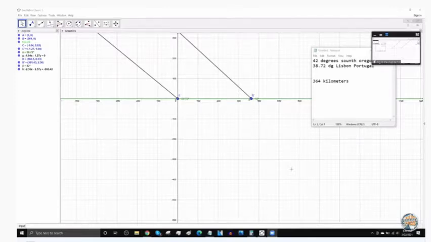Okay, so I was given two values from the live chat. I asked for people who own equatorial telescope mounts to tell me how many degrees they need to set the axis, and I got Lisbon, Portugal at 38.72 and 42 degrees for Southern Oregon or whatever. So with this, I went ahead and plotted out these two points.